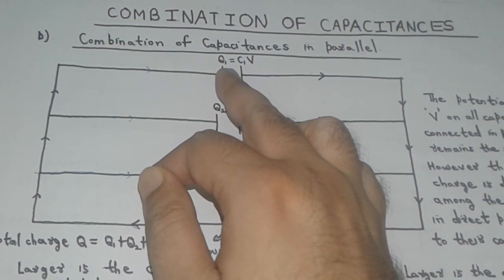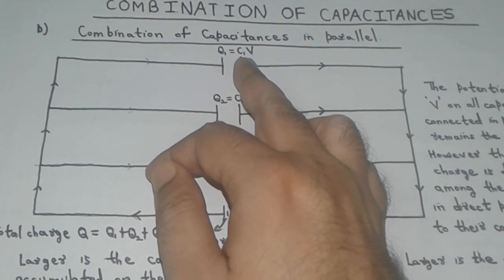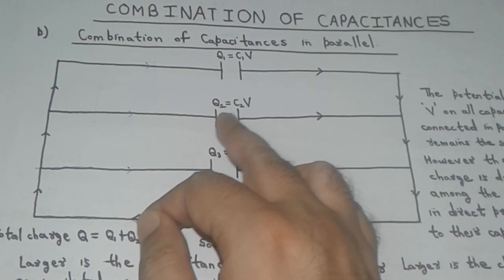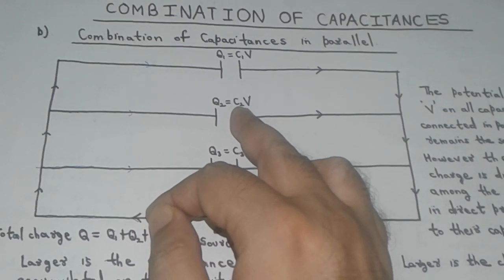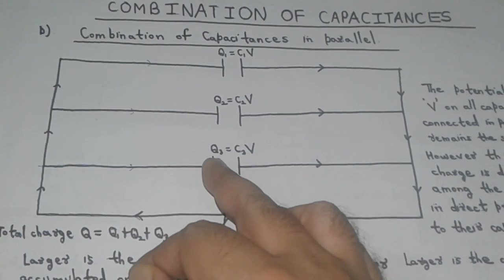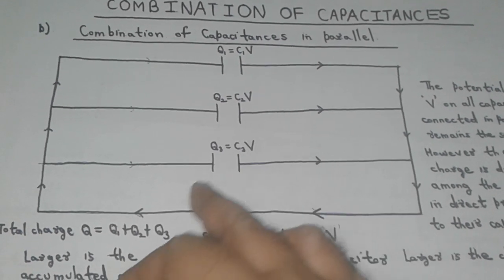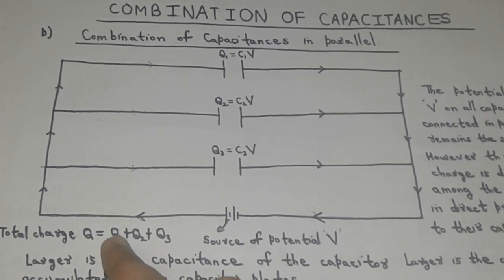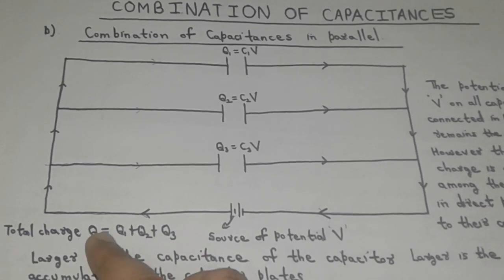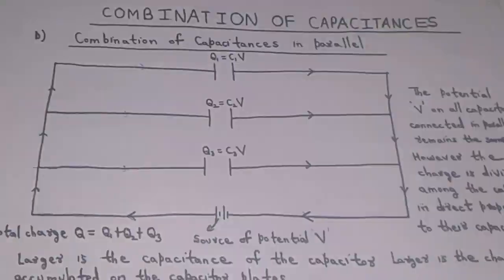Thus, if Q1 is the charge on capacitor of capacitance C1, Q2 is the charge on capacitor of capacitance C2, and Q3 is the charge on capacitor of capacitance C3, then the sum of the charges Q1 plus Q2 plus Q3 is equal to the total charge Q supplied by the source.